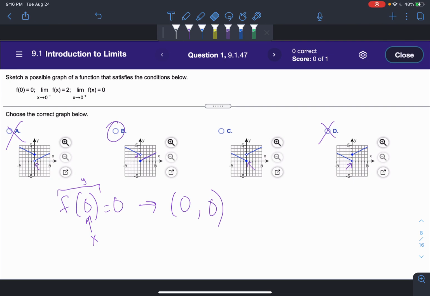You'll notice C does not, because our left-sided limit as we go towards 0 is 0, not 2. And if we look at the right-sided limit as we go towards 0, it's going towards 2. So it kind of has these switched. Okay, so B is the answer here.